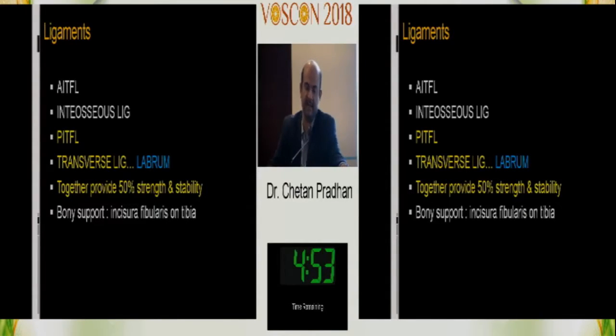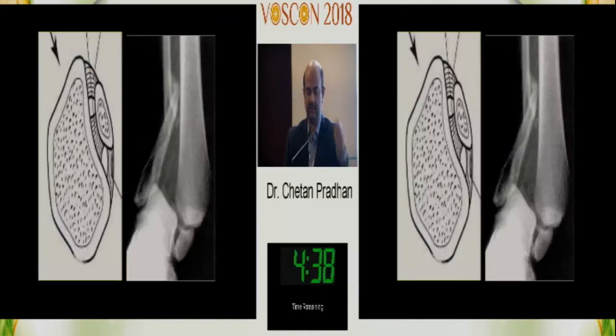So the PITFL and the transverse ligament together provide the 50% strength and stability of the syndesmosis. So it is the posterior structures which are more important, and we'll see in a moment how to handle them.